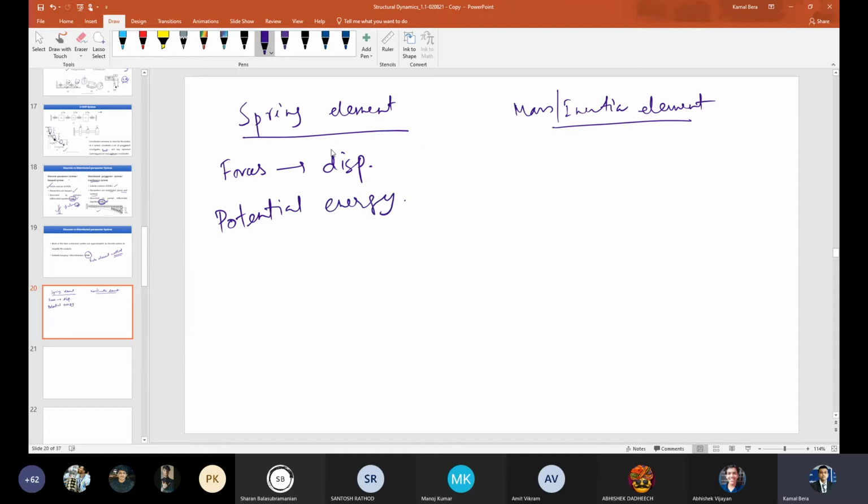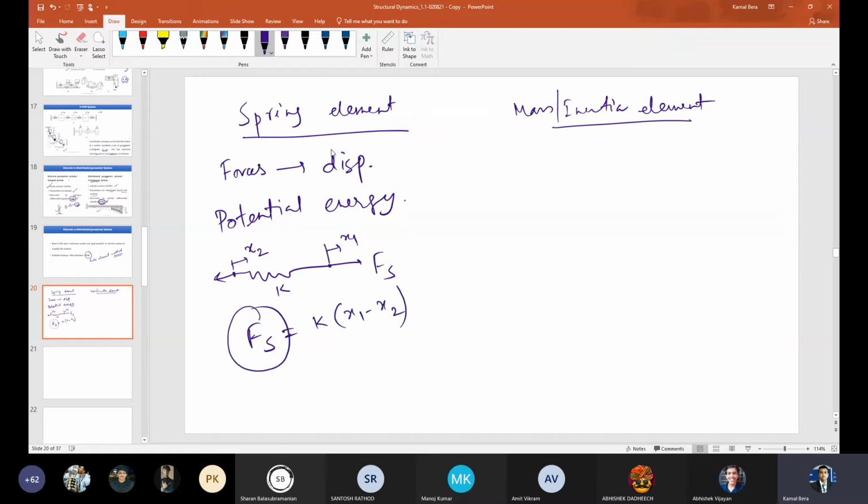If this is a spring with force Fs acting here, and the displacements are x2 and x1, with stiffness k, then the spring force Fs equals k into x1 minus x2. Sometimes this force is also called the restoring force, because it tries to restore the spring to its initial configuration.